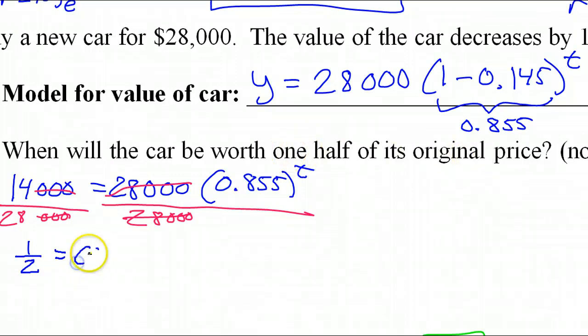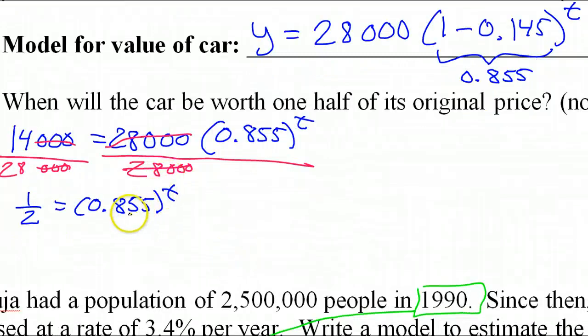So 1/2 is equal to 0.855 to the t power. A mistake I've started seeing, some kids try to divide this base away. You can't divide a base out of this side of the equation. You have to rewrite it in log form.